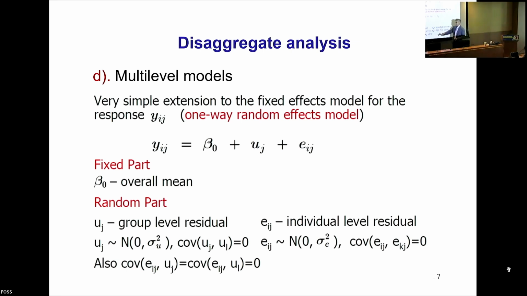In addition, the other standard assumption is that there's no correlation between the residuals, either at the group level or at the individual level. So the covariance between u_j and u_l should be 0. There's no correlation between each type of group residual or each type of individual residual. And there should be no correlation between the individual level residuals and the group level residuals. So the covariance between e_ij and u_j should be 0.